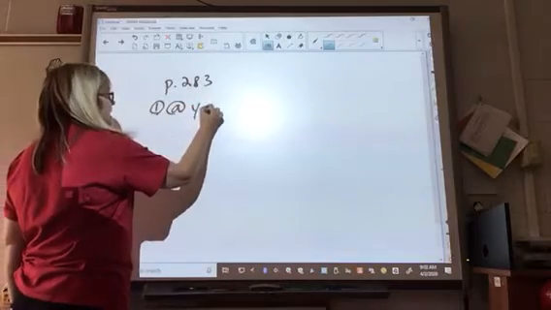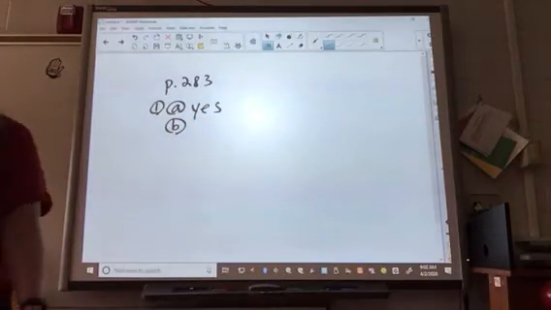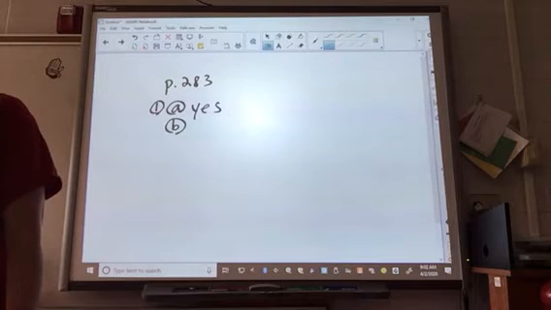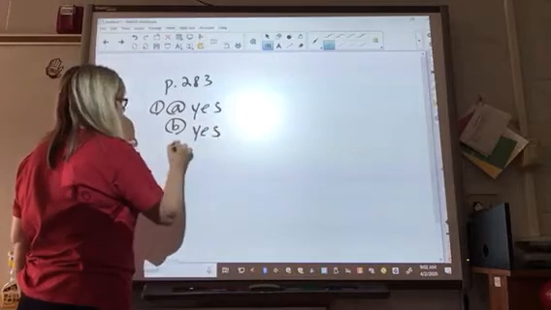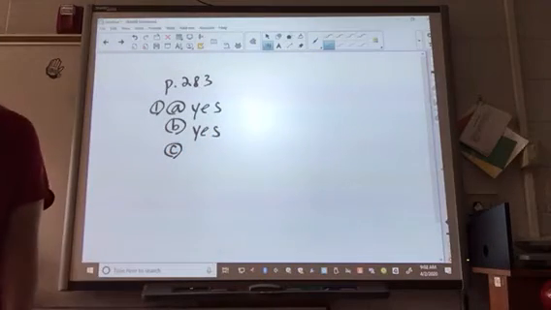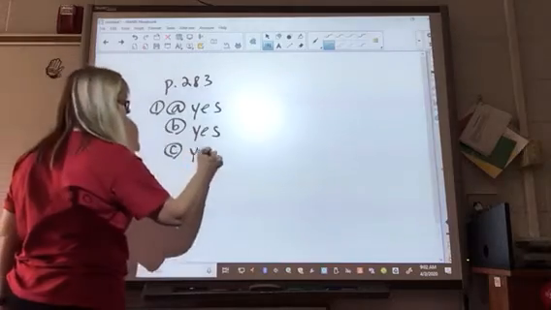You could get them to say yes or no, so this could be a binomial experiment. B, tossing a coin 100 times. You either get heads or tails, so this could be. C, drawing a card with replacement. That means you put it back every time from a deck and getting a heart. That probability is always going to be the same.